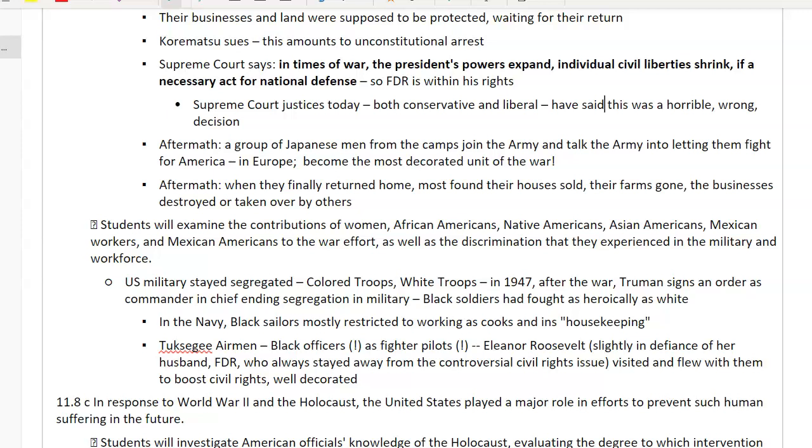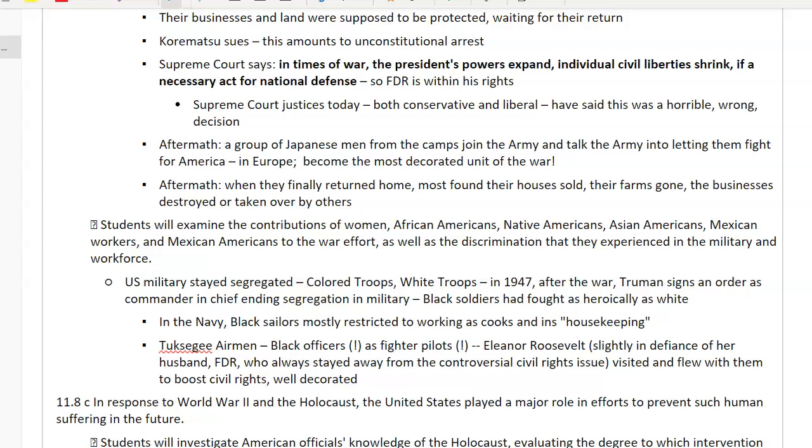Aftermath, I point out. First, a group of Japanese men from the camps joined the army. They actually insisted on joining the army. They fought the army to let them join. They wanted to serve the country under the flag. They're Japanese American citizens. The army finally gave in and let them join the military as a group, but would not let them fight in the Pacific Theater. They didn't trust them.